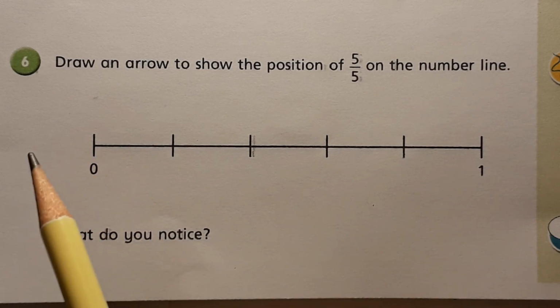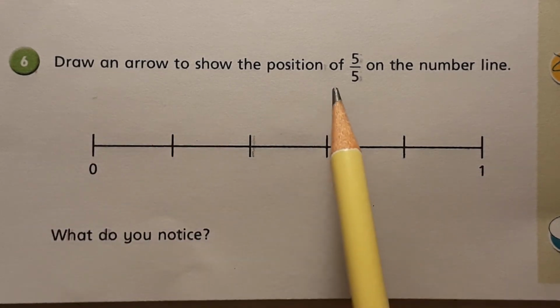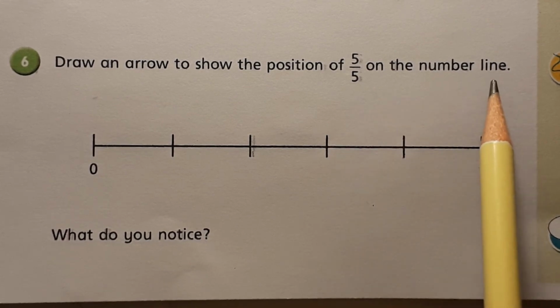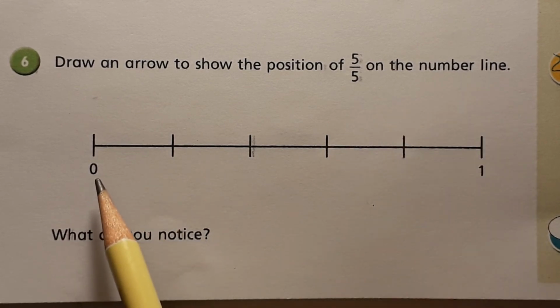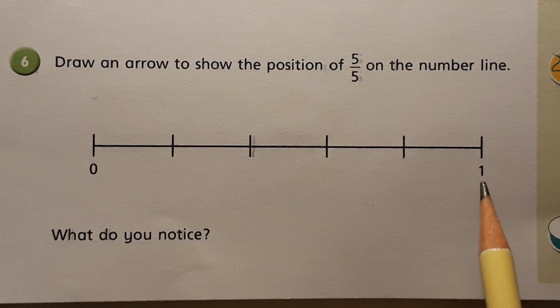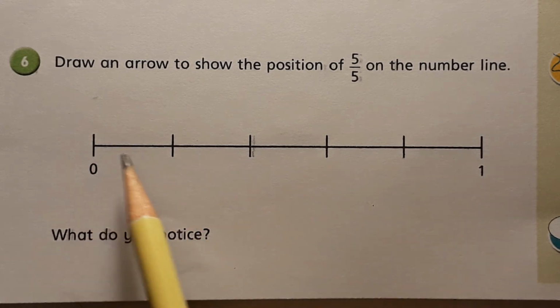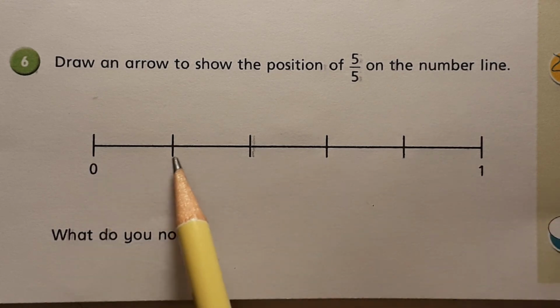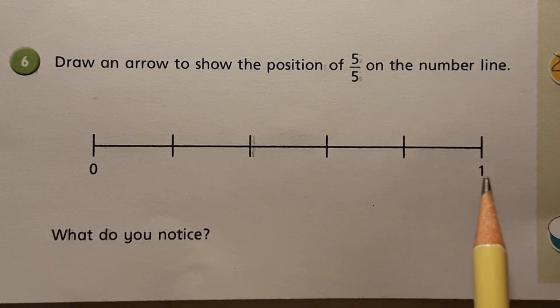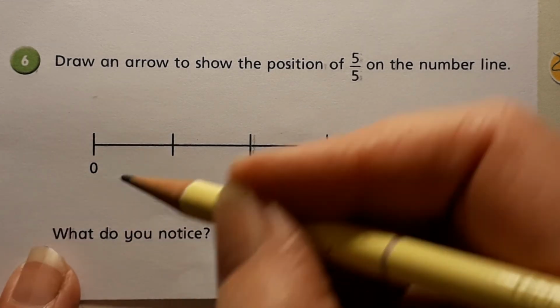And then we have draw an arrow to show the position of 5/5 on the number line. So here we go, 0, and here's the whole one. So our line is divided into 1, 2, 3, 4, 5 equal parts.